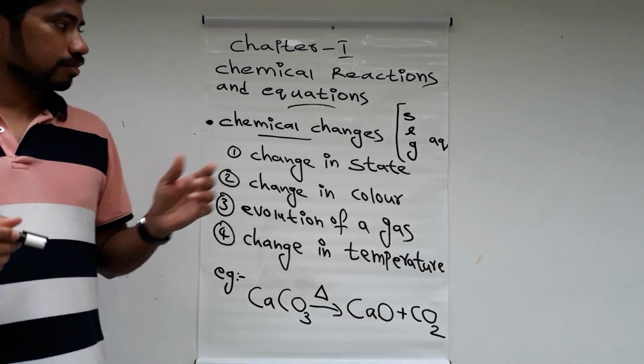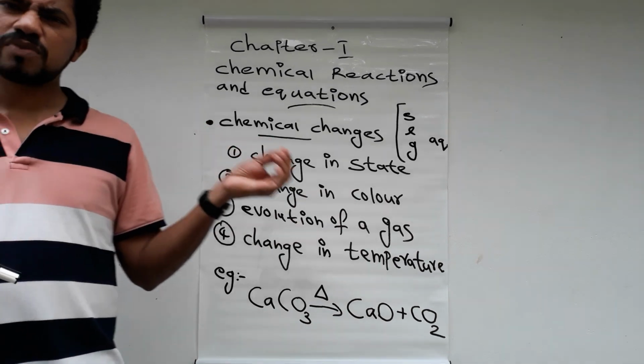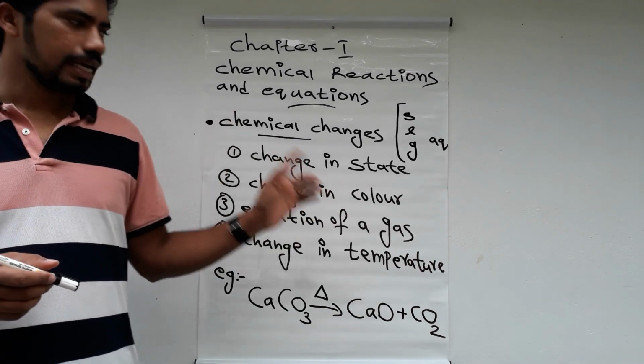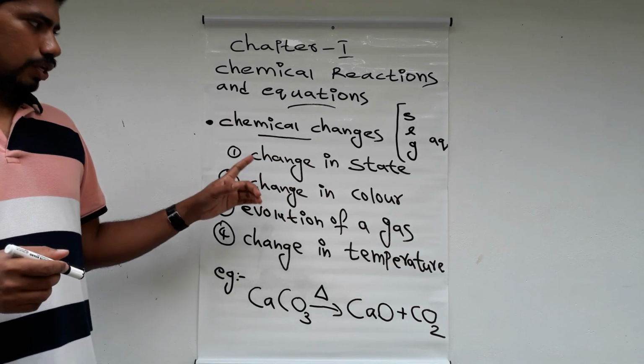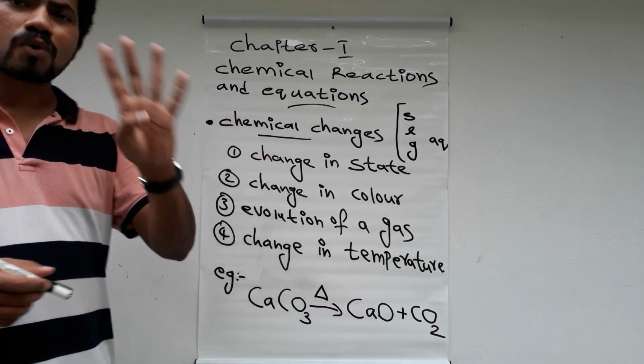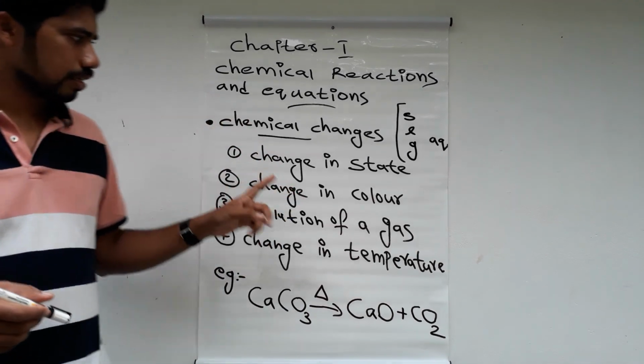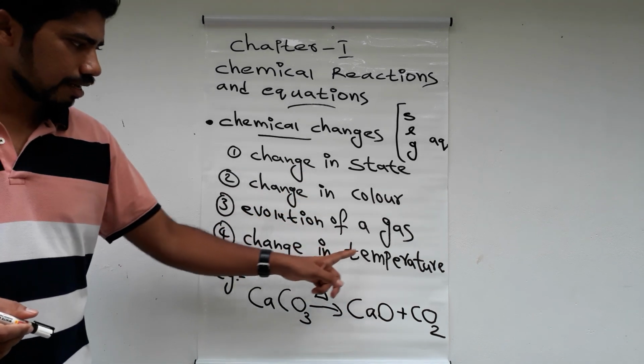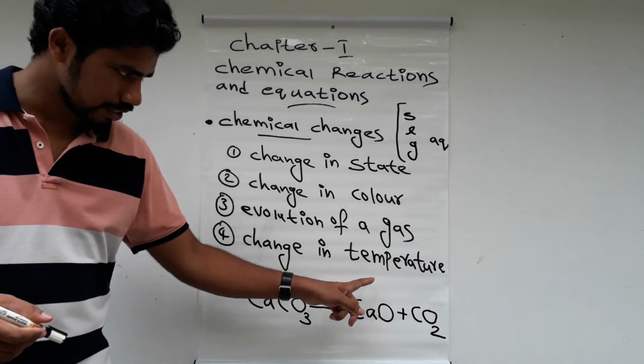Okay, students, today I'm giving just some basic concepts, that is the chemical changes. In a chemical change, you will see four types of conditions: change in state, change in color, evolution of a gas, change in temperature.